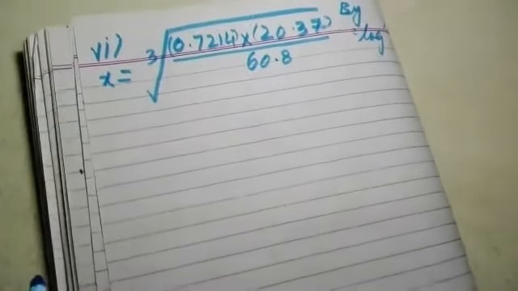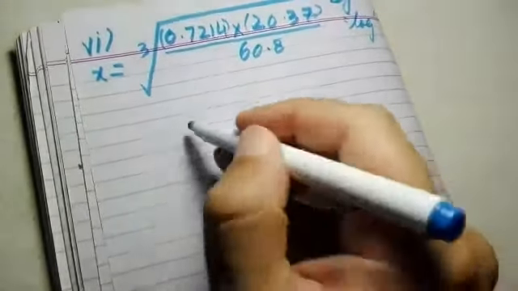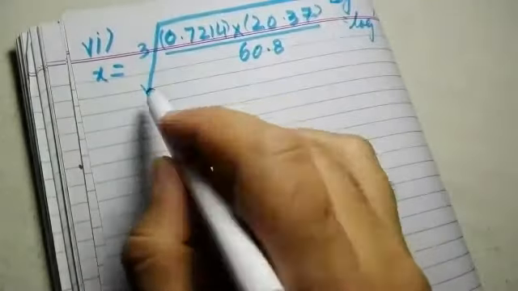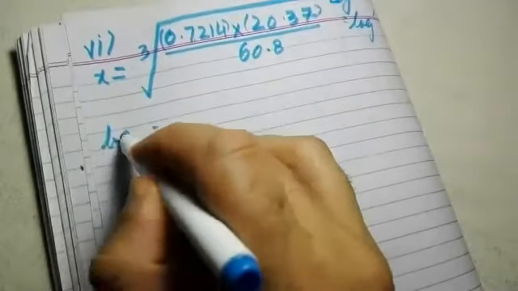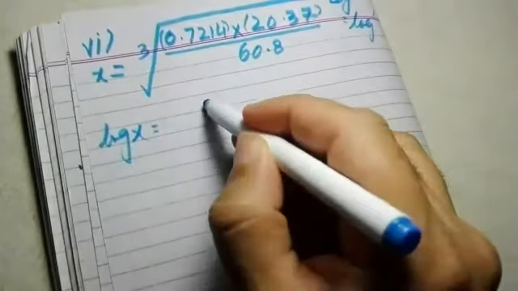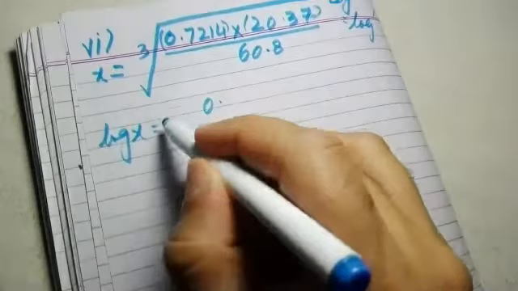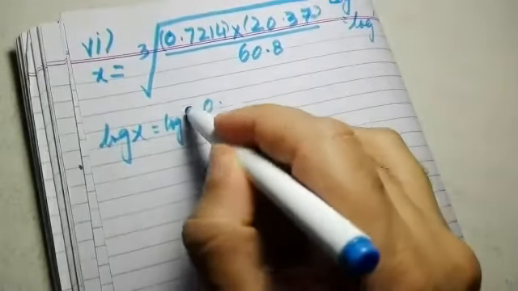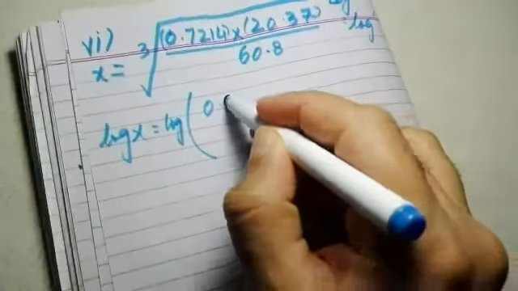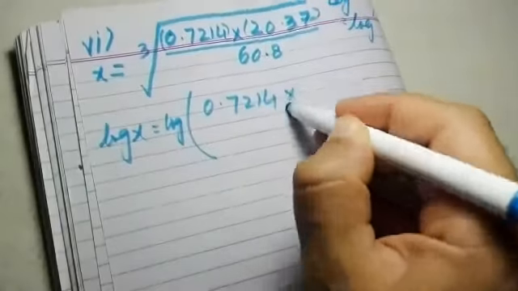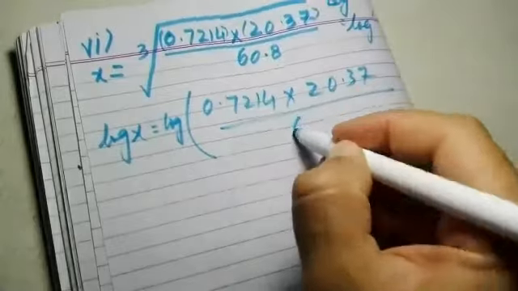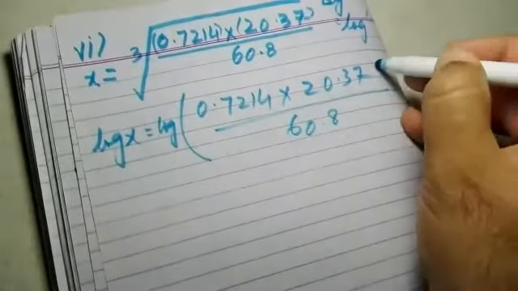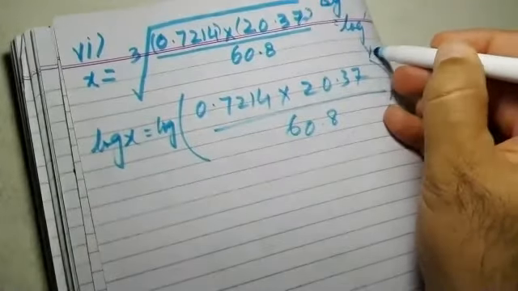So what we have to do in this question is first apply the logarithm. And before going into the logarithm, I would recommend that we first convert this expression into exponential form: 0.7214 times 20.37, whole divided by 60.8, raised to power 1 by 3.